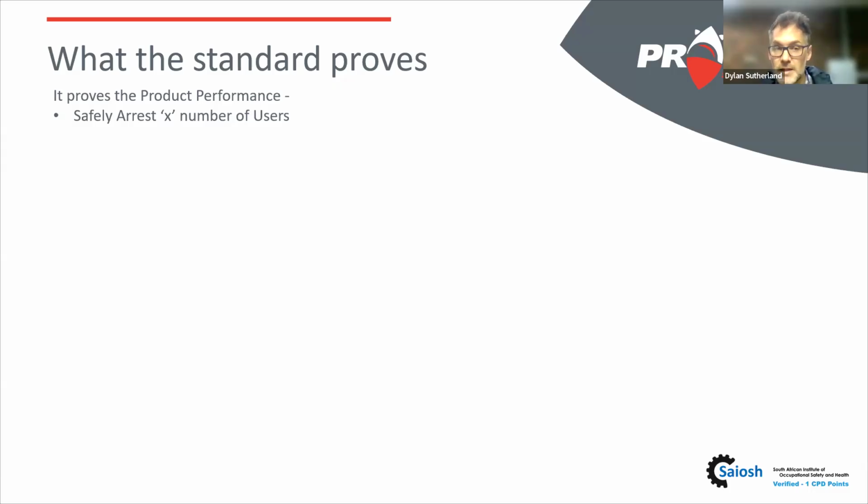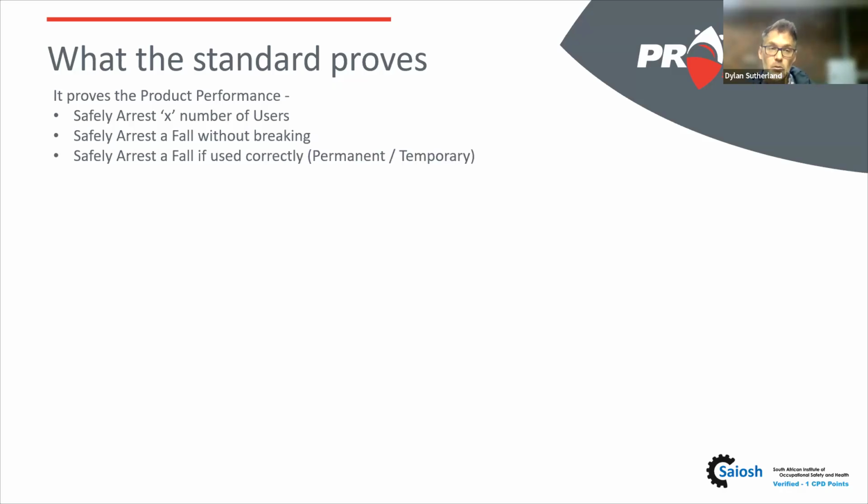But that standard, or the certification, that's one of the components it touches. Another one is that it will safely arrest the fall without breaking. We need to know that. We need to be 100% sure that if I fall on this anchor point, it's not just going to break. It's not just going to rip out.